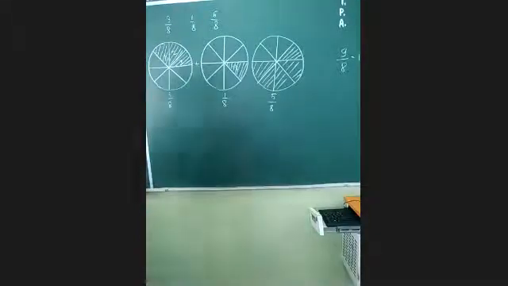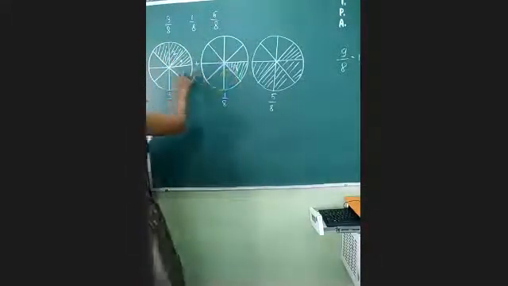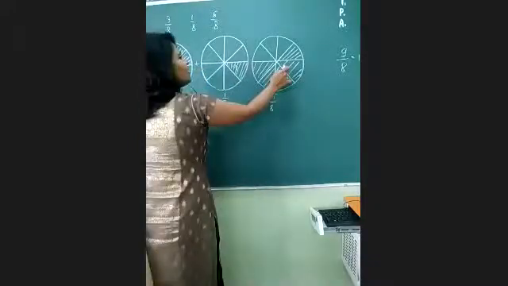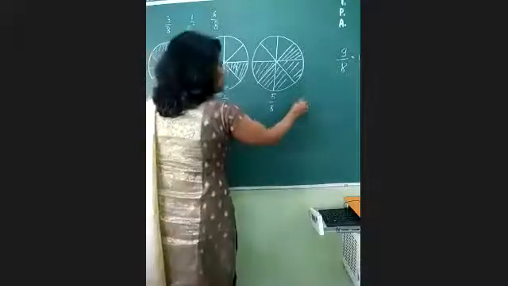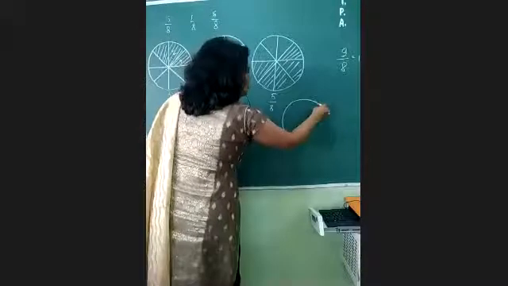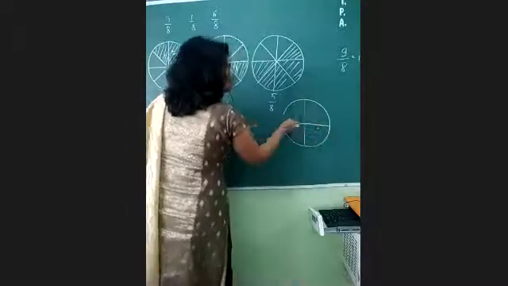If you see this figure, 1, 2, 3 are shaded, the 4th one is shaded, 5th, 6th, 7th, 8th, 9th is shaded. It means this total part is completed. It means our answer would be somewhere one circle. We'll make it this one.